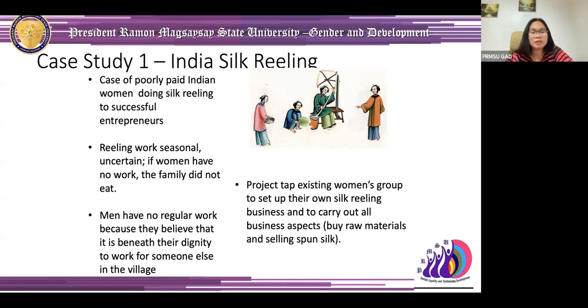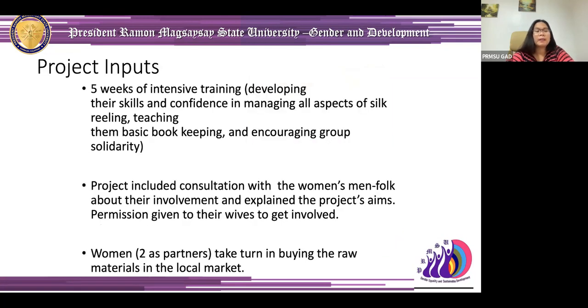So you can see the intention of the program is really good dahil nga very seasonal yung sa kanilang pagtatrabaho nila doon sa reeling business. So they might as well own their own business. It's a 5 weeks intervention or intensive training wherein they develop the skills of the women and also their confidence in being able to manage or in being entrepreneur.